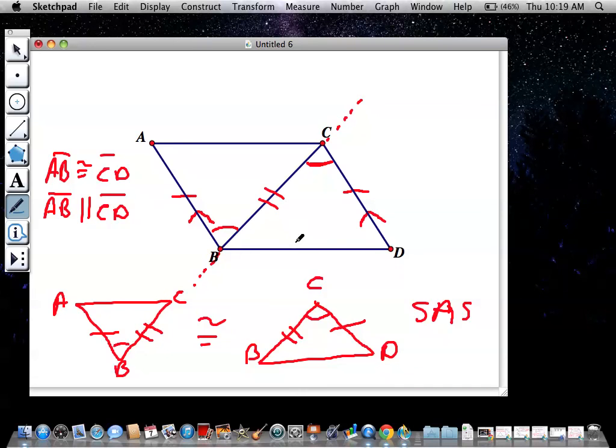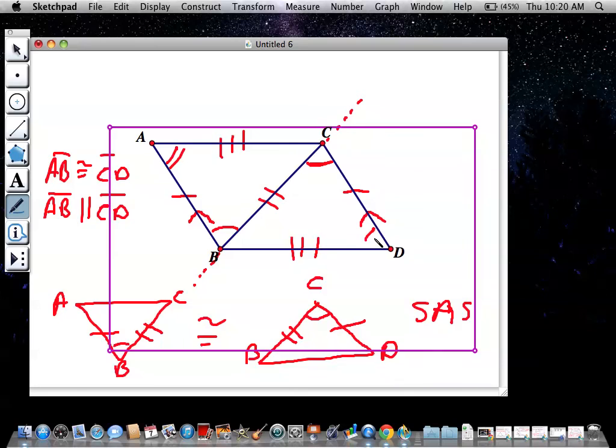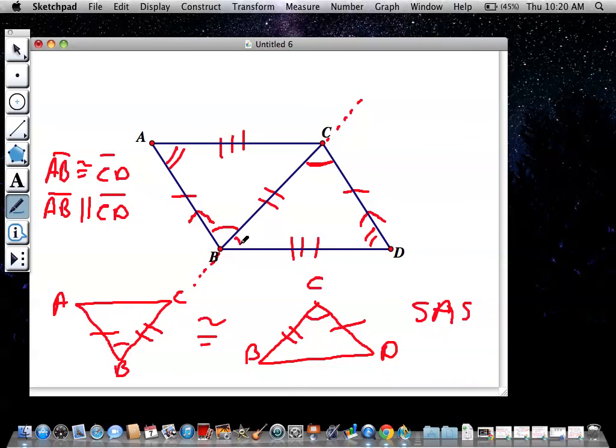That means BD is congruent to AC, angle A is congruent to angle D, and angle B is congruent to angle C on this triangle. I can label all these because I proved they were congruent triangles: corresponding parts of congruent triangles are congruent.